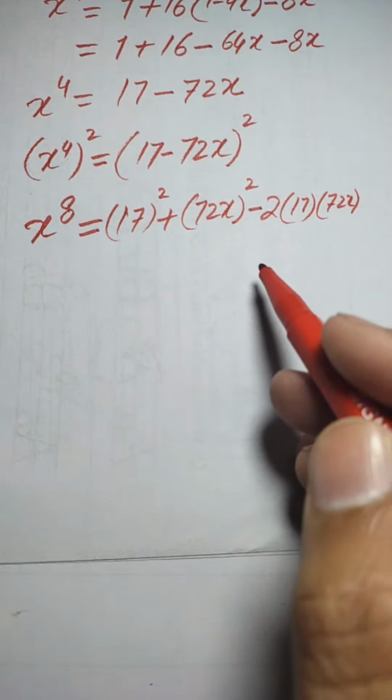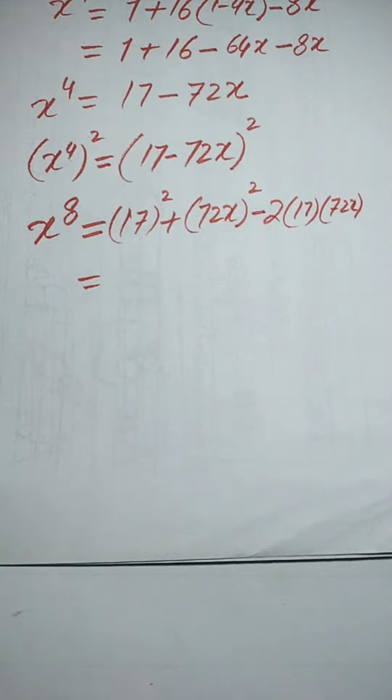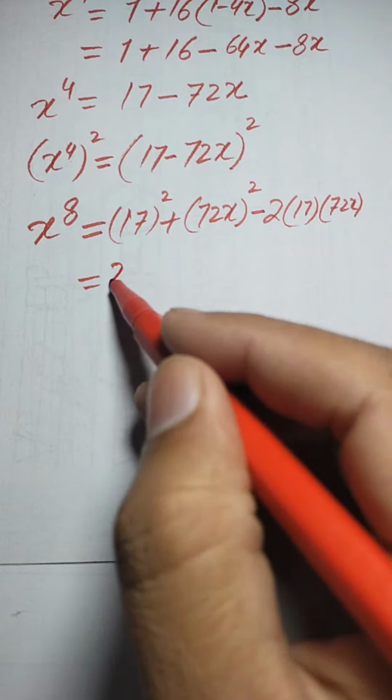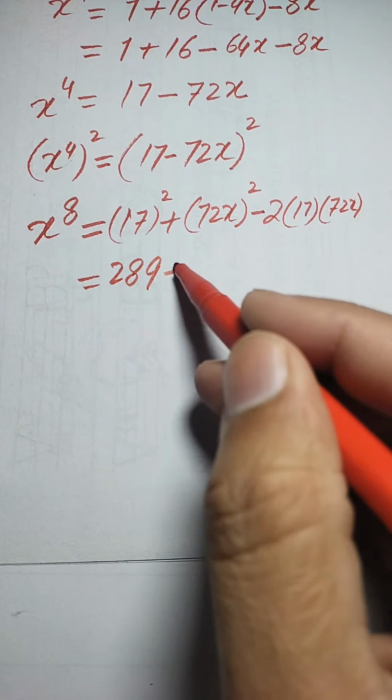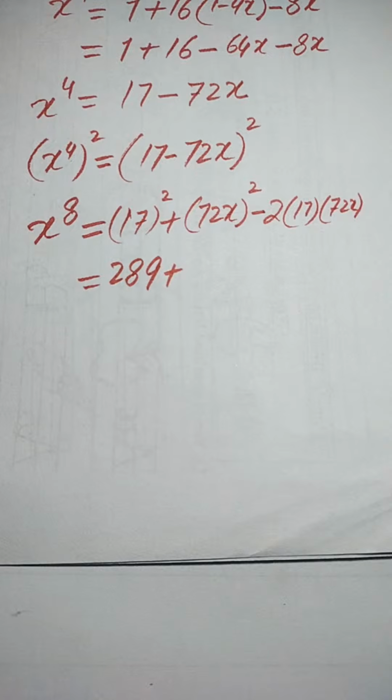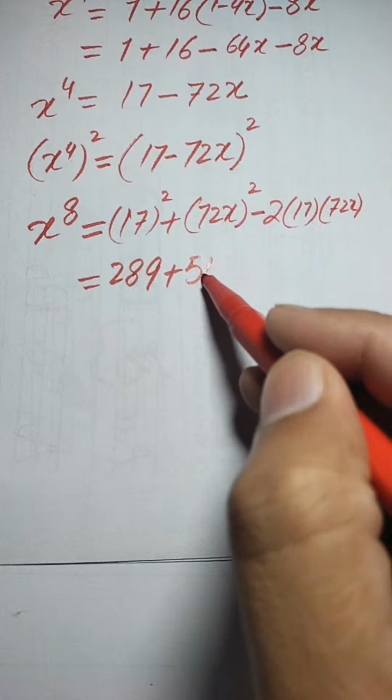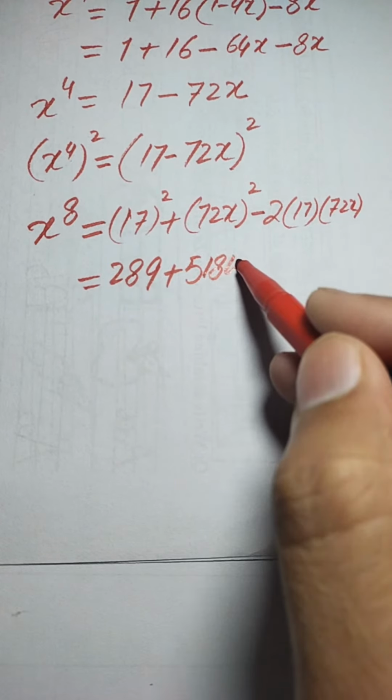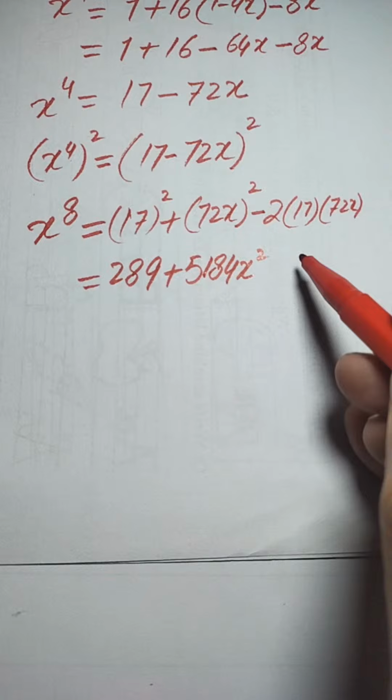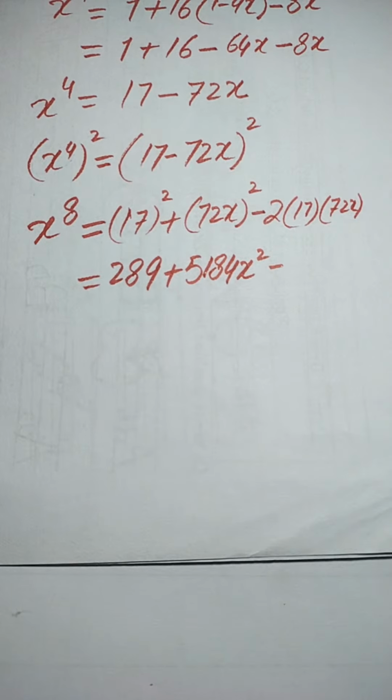Okay, so here we need more simplifications, and we move towards our final destination. Here we first find the square of 17, and we know that 17 square becomes 289 plus 72 square is equal to 5184 times x square and minus 2 multiplied by 17 multiplied by 72.